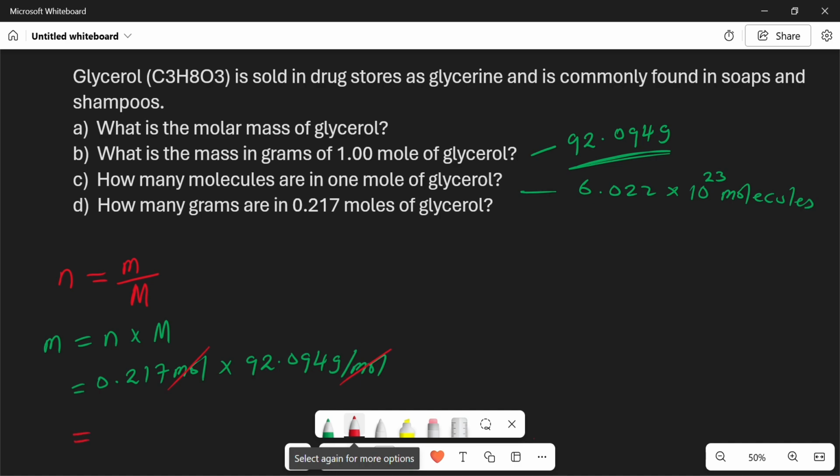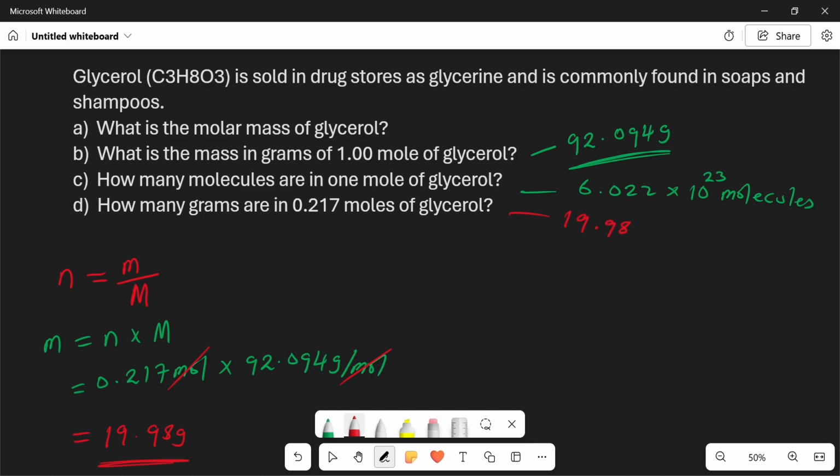Now from here you can see that the units of mole and mole will cancel, and then our answer will have the units of grams. The remaining units will be the units of grams. So let's quickly punch our calculators. When we do that, my calculator is giving me a value of 19.98. So 19.98 grams is the value that I'm getting.